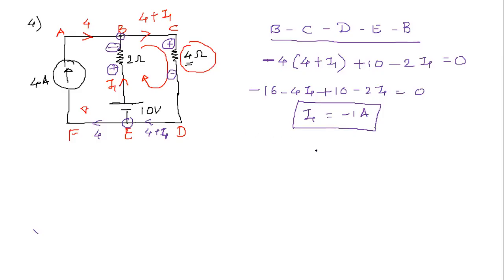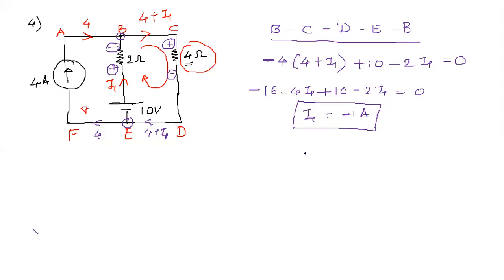So the current through the 4 ohm is minus 1 only, right? How much is the current through the 4 ohm resistance? I1 is minus 1 ampere.